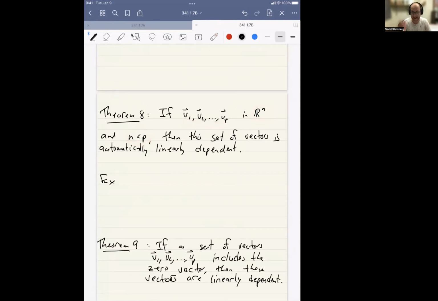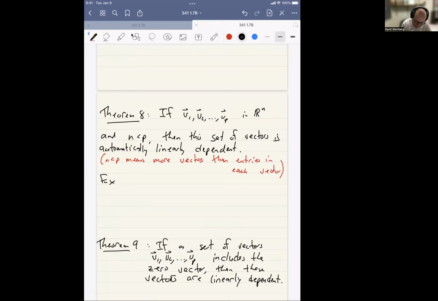So yeah, more vectors than entries in each vector. There's one way to think about this. So n less than p means more vectors than entries in each vector.